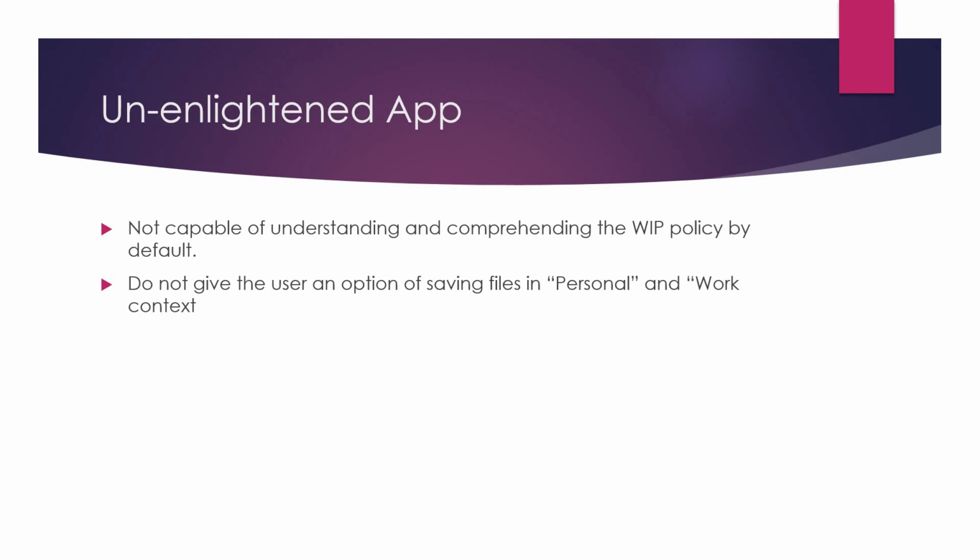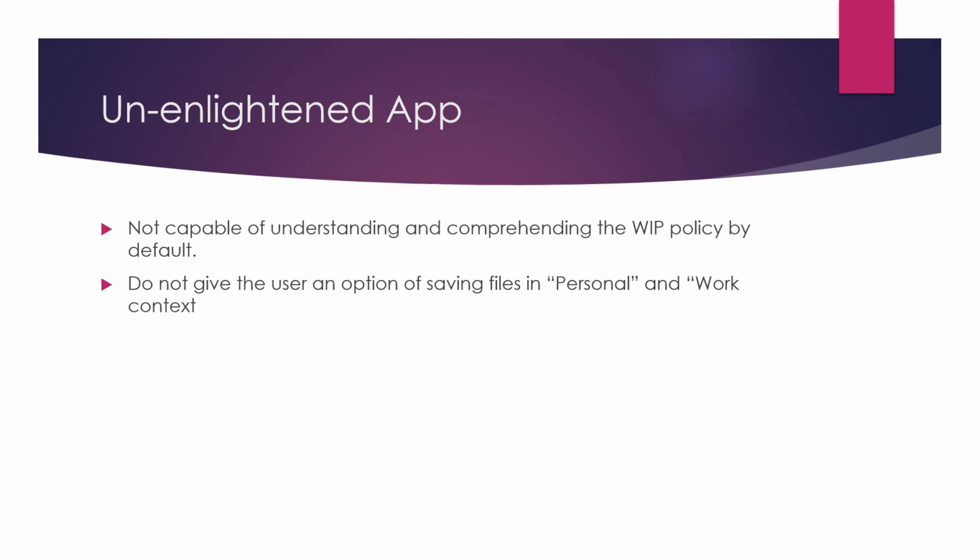By default, an unenlightened application does not understand WIP policy, and it is only going to give us an option of saving a file which has been created out of an unenlightened application in personal context. That's the normal behavior.